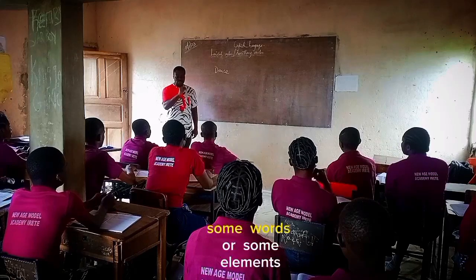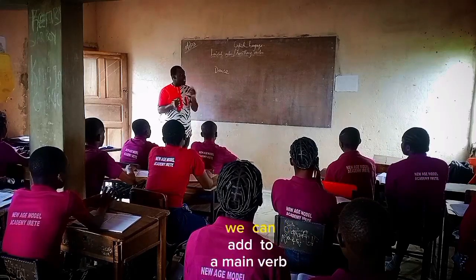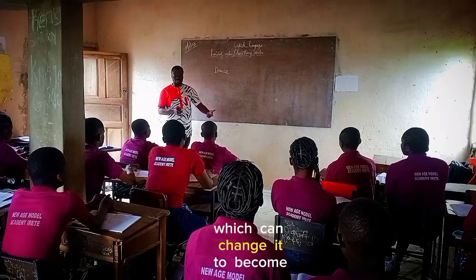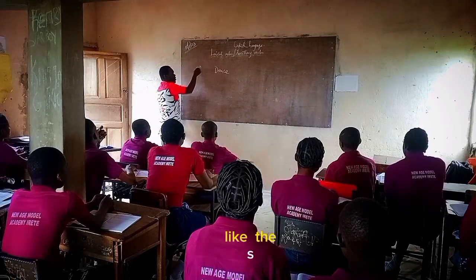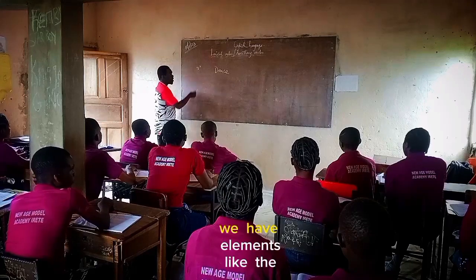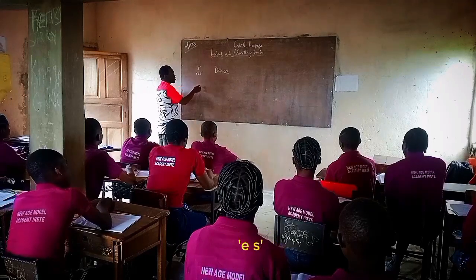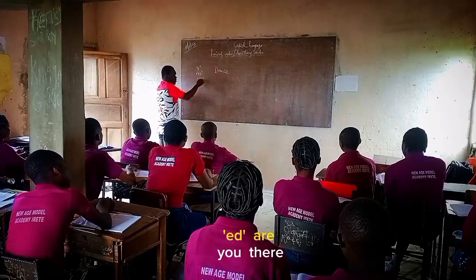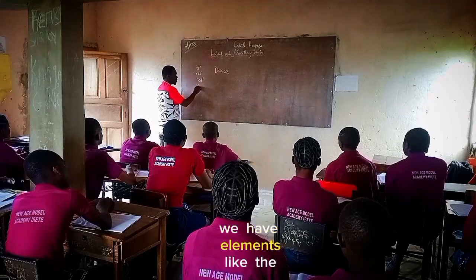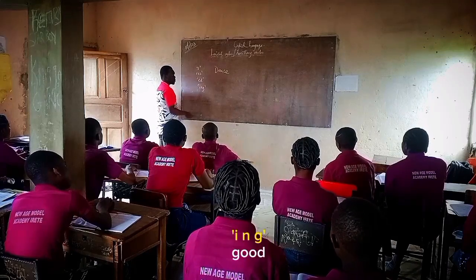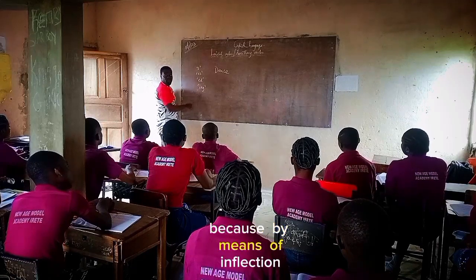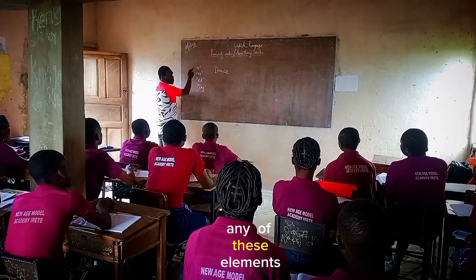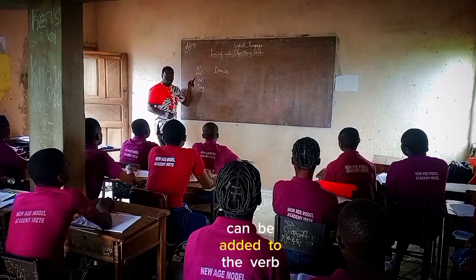Now I'll be listing some elements we can add to the main verb which can change it to another word. Please follow me. We have elements like the S, we have the ES, we have the ED, are you there? Yes. We have elements like the ING. Good. So it becomes lexical because by means of inflection, any of these elements can be added to the verb.